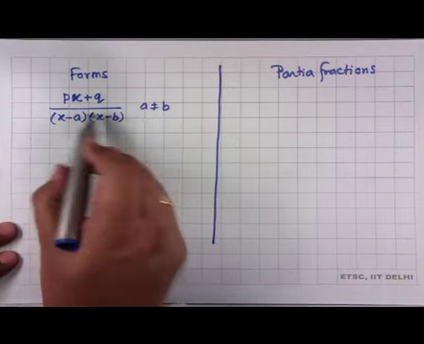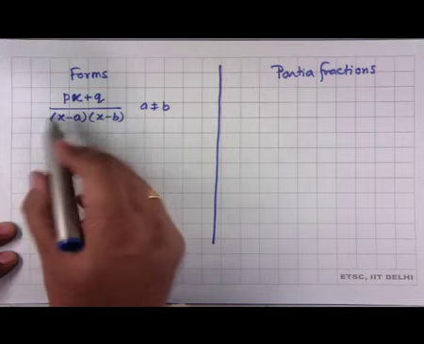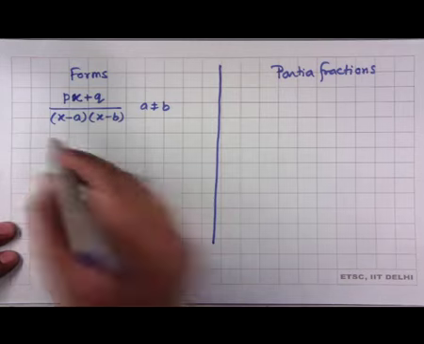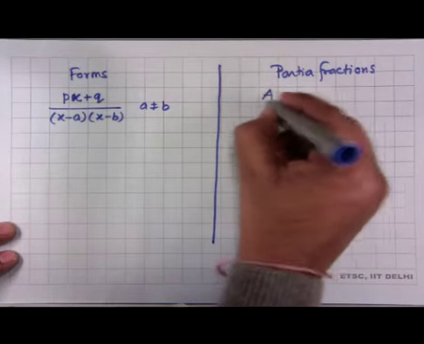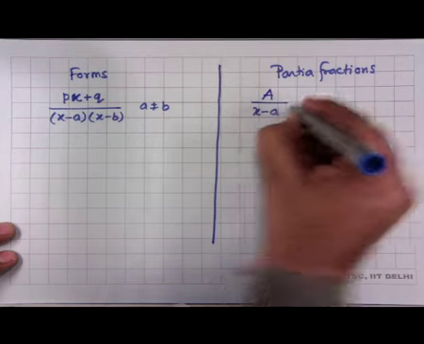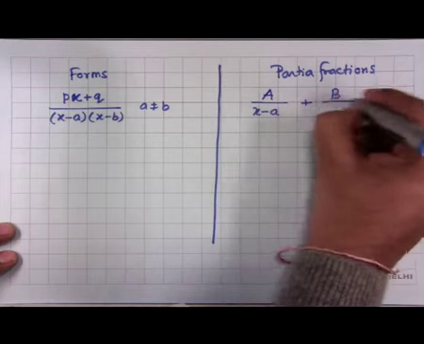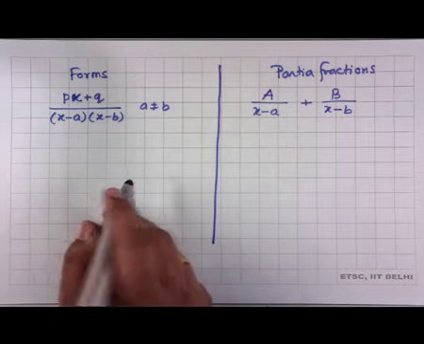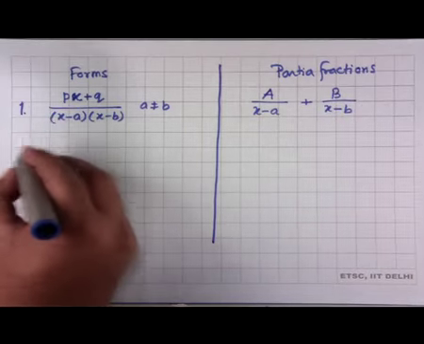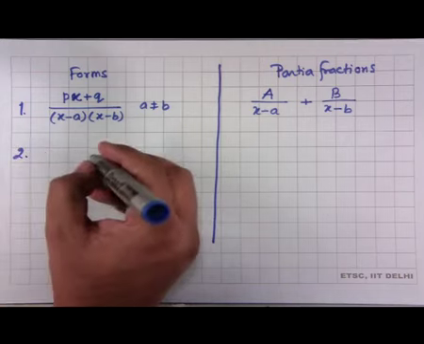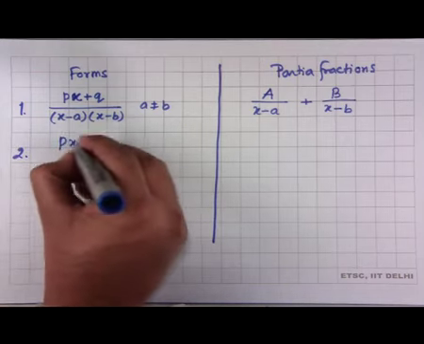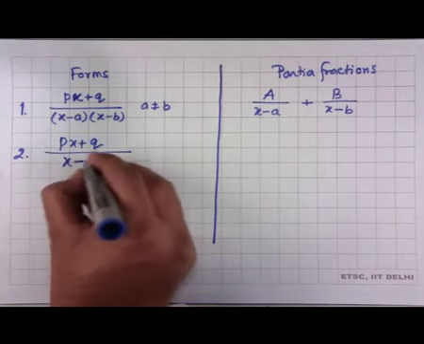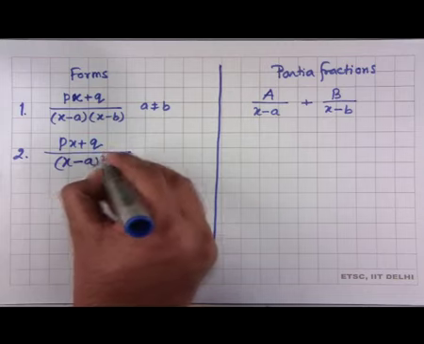So, we can say that the denominator function has two distinct roots, a and b. In that case we choose the partial fraction as A upon x minus a plus B upon x minus b. Similarly, if the case is of a repeated root, the numerator function is of the form px plus q and the denominator is repeated, that means (x minus a) squared.